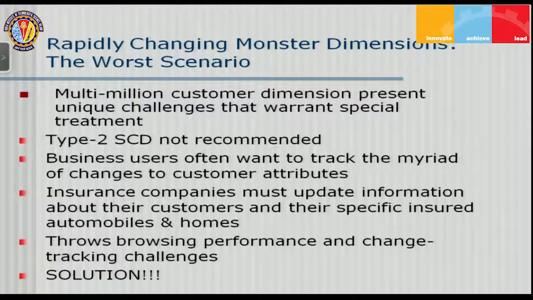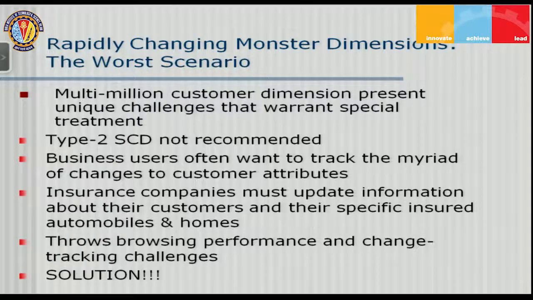All these things are to be recorded. There is no way we can say that we don't want to record the changes. Changes have to be recorded. How you record them and how you avoid the explosion of rows using type 2, that is the main concern that we are discussing here.